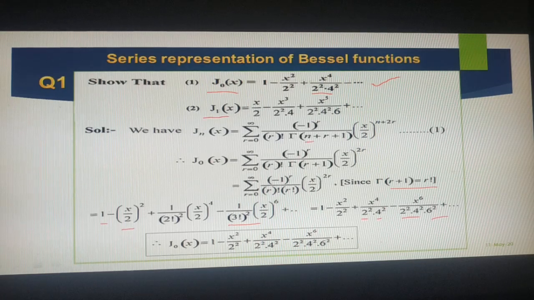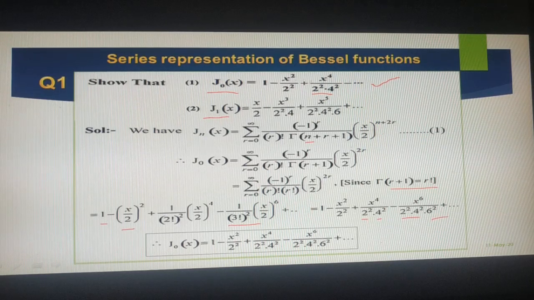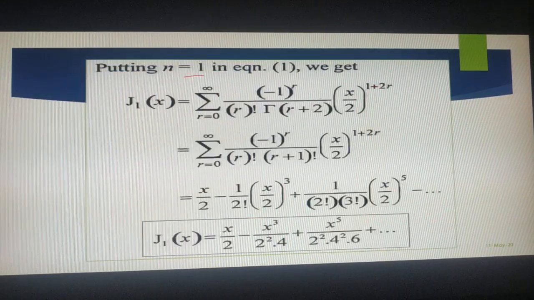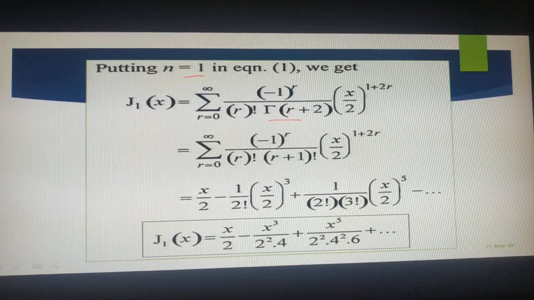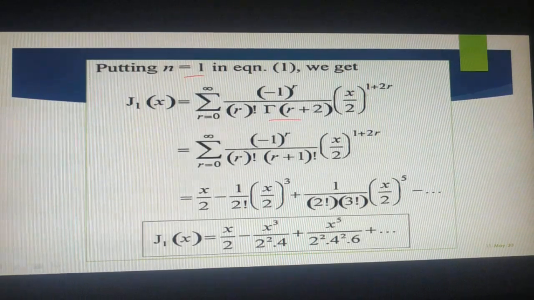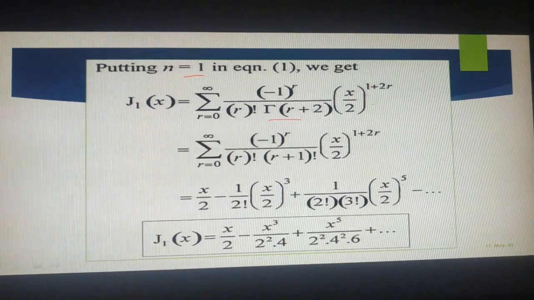So here in this place n equal to 1 means r plus 1 becomes r plus 2, and 1 plus 2r will be there, right? Wherever n is there, in that place we will substitute. So your J1 of x will be in this form. Anyway, r is changing from 0 to infinity. So we can write x by 2 whole to the power of 1 into (x by 2) whole to the power of 2r.